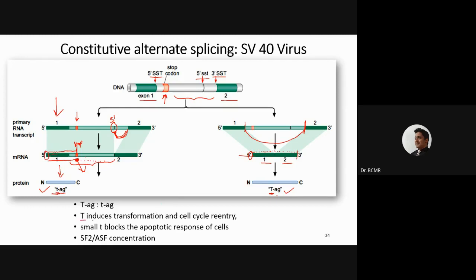They have similarity based on exon 1, and they have function. The capital T induces transformation. I hope you remember that this is the second time we are using the word transformation in this molecular genetics course. The first time we learned about it was when we were discussing Griffith's experiment. There we said transforming principle, where a rough strain becomes a smooth strain, right?